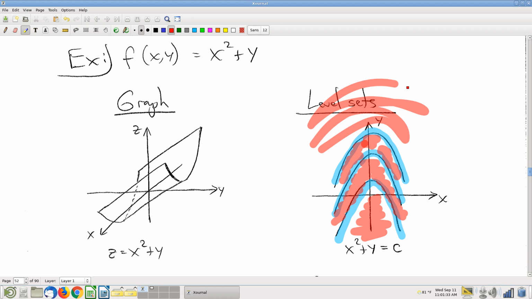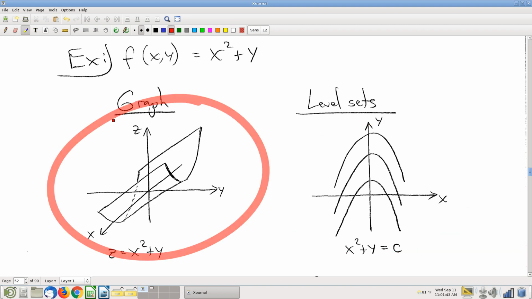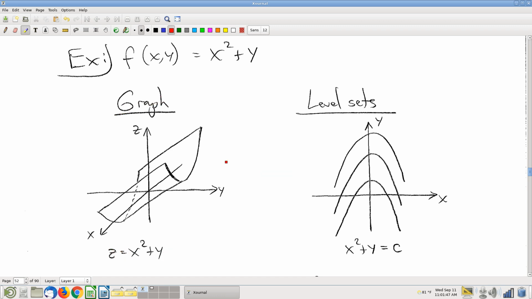Give me a second. So here's my counterpoint to that. First, yes, I recognize there's a lot missing in this picture, but there's a lot missing in this picture too. What did I actually draw here? I actually drew just that. I didn't draw anything to tell you what's going on here.